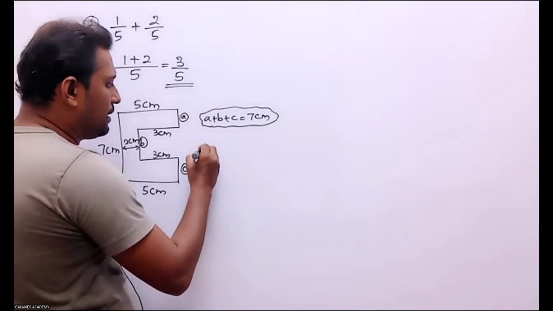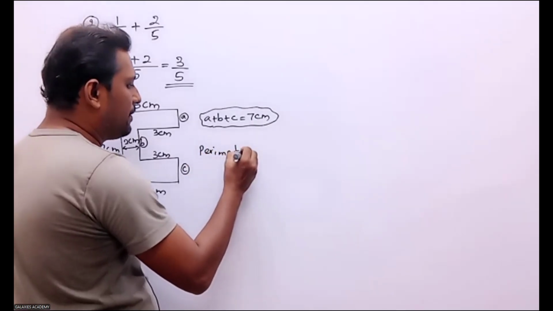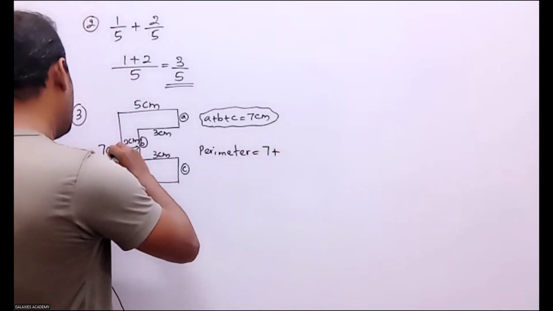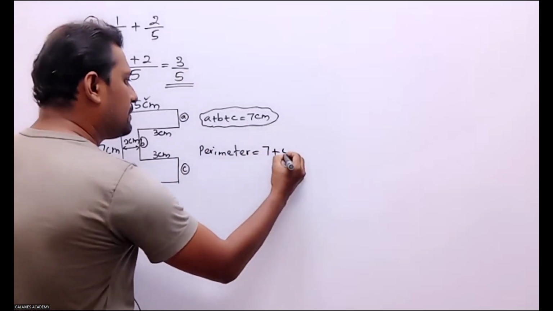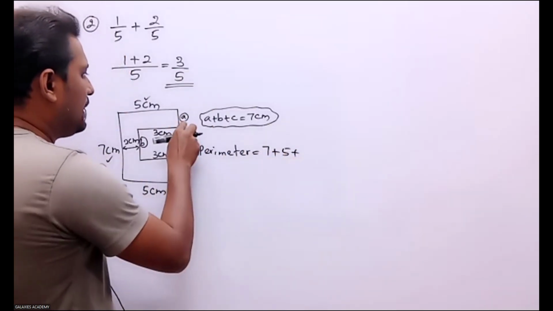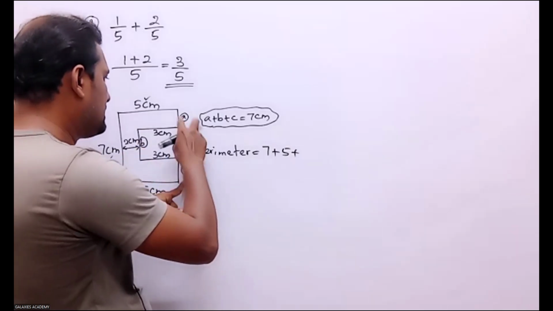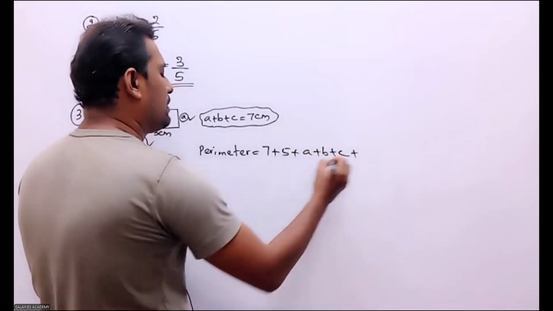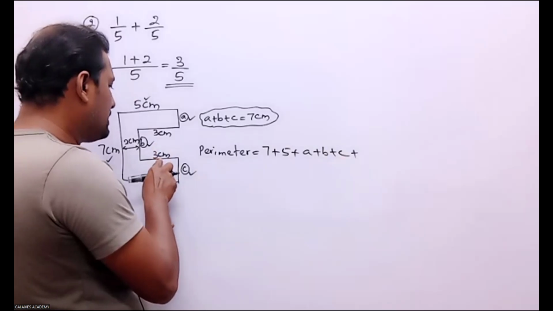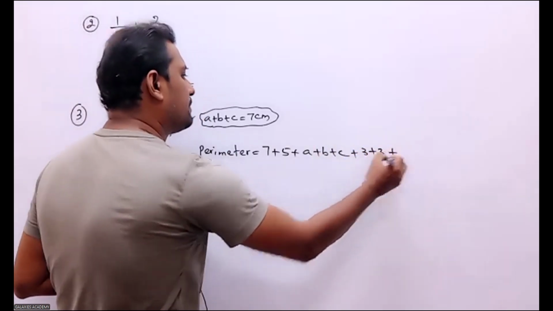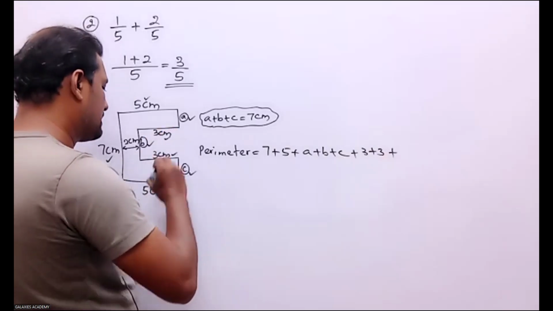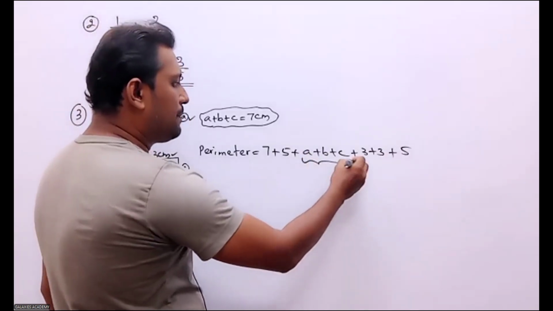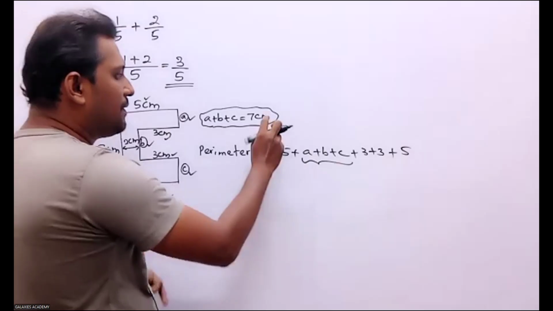Now I can write the perimeter of this closed plane figure: 7 centimeters, add 5 centimeters, add A, B, C, the addition of these three, then 3 centimeters and 3 centimeters, and also 5 centimeters. This is the perimeter. A plus B plus C I can write as 7 centimeters.